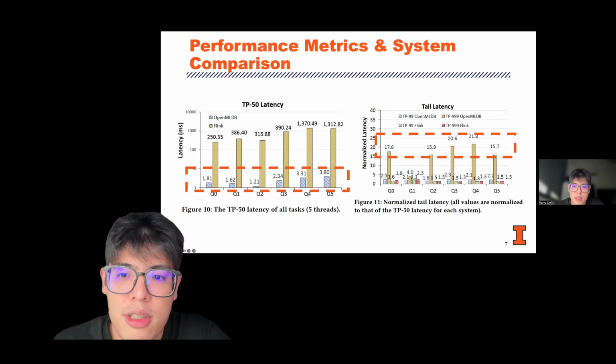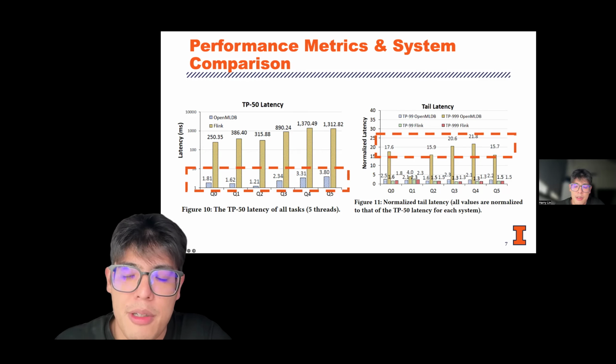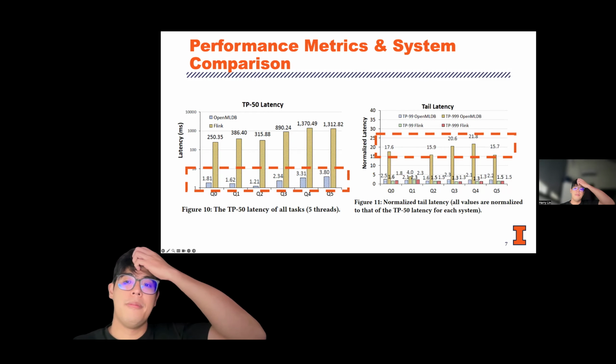From the chart, we can easily see that the specialized system outperforms the general system in average request time, while at TP999 the general system delays the response significantly.